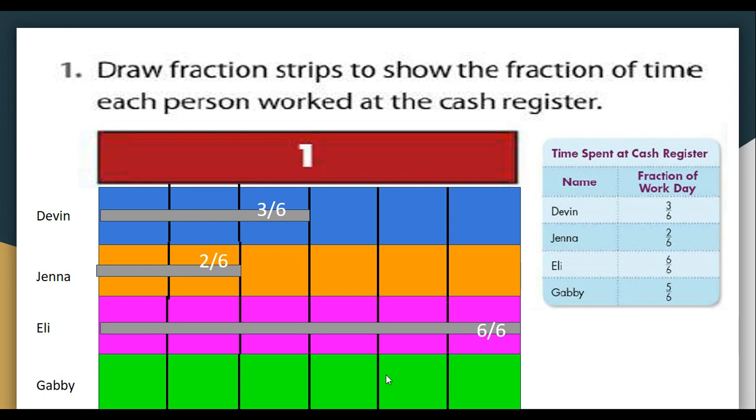Now let's look at her fraction. How many parts of her workday did she spend at the cash register? Go ahead and shade in that amount. If you shaded in 5 out of 6 parts of her strip, then you were absolutely correct, and that shows 5/6. So now their strips are completed.